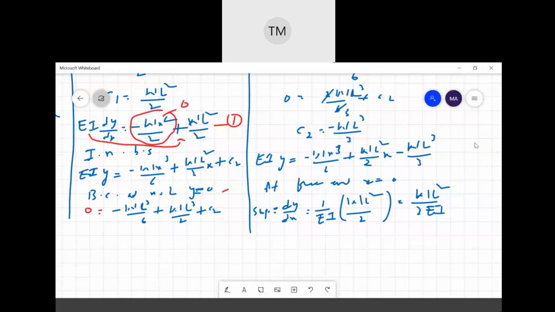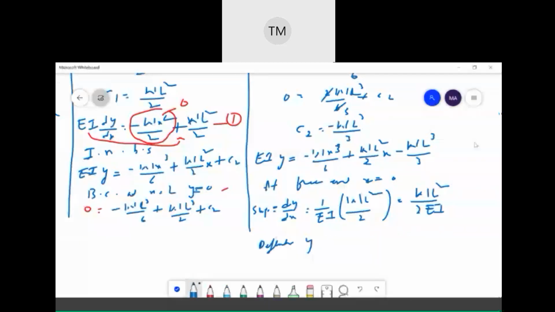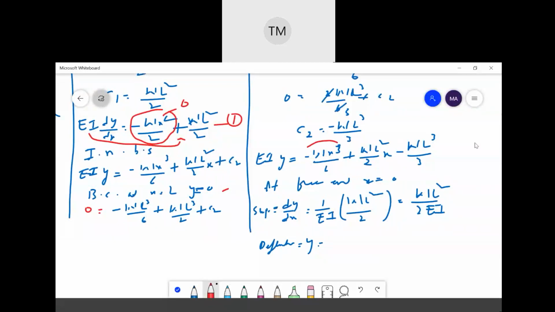Similarly for the deflection equation, again you are substituting. What happens if you substitute x is equal to 0 in this equation? This term will be 0 and this term will be 0.